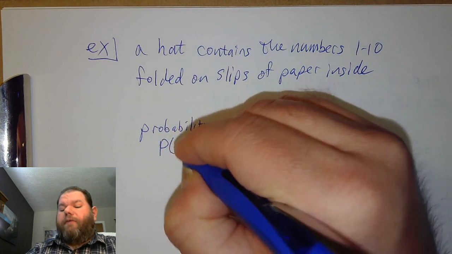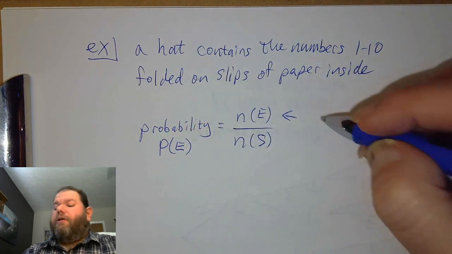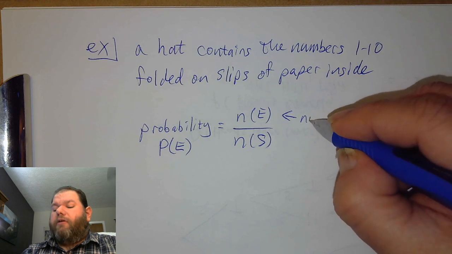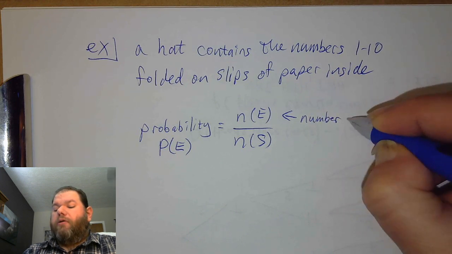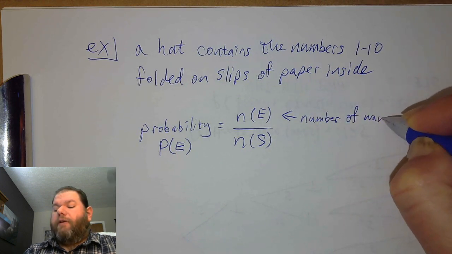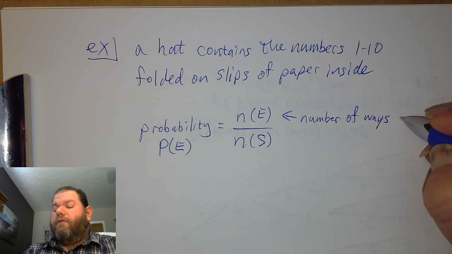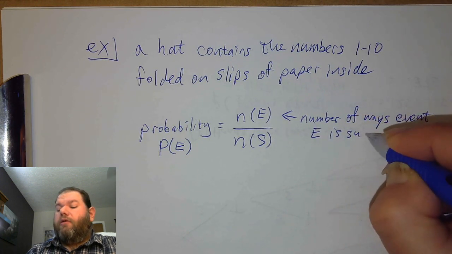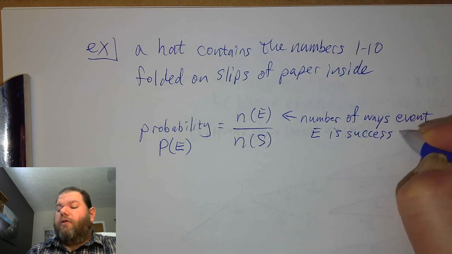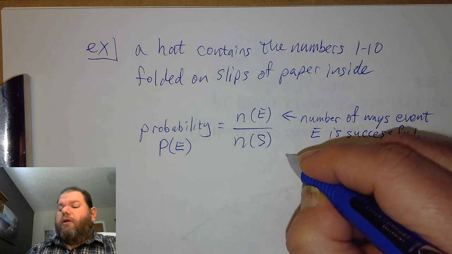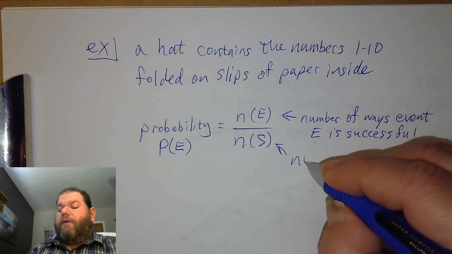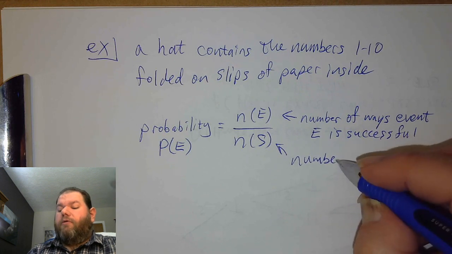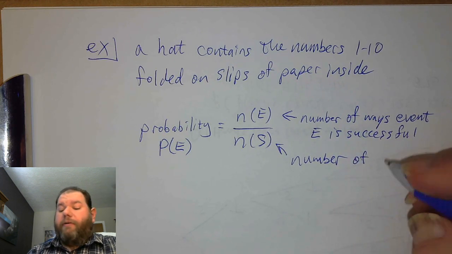This is the probability of e specifically. I'm sorry. N of e is the number of ways event e is successful. And n of s is the number of total possible outcomes.